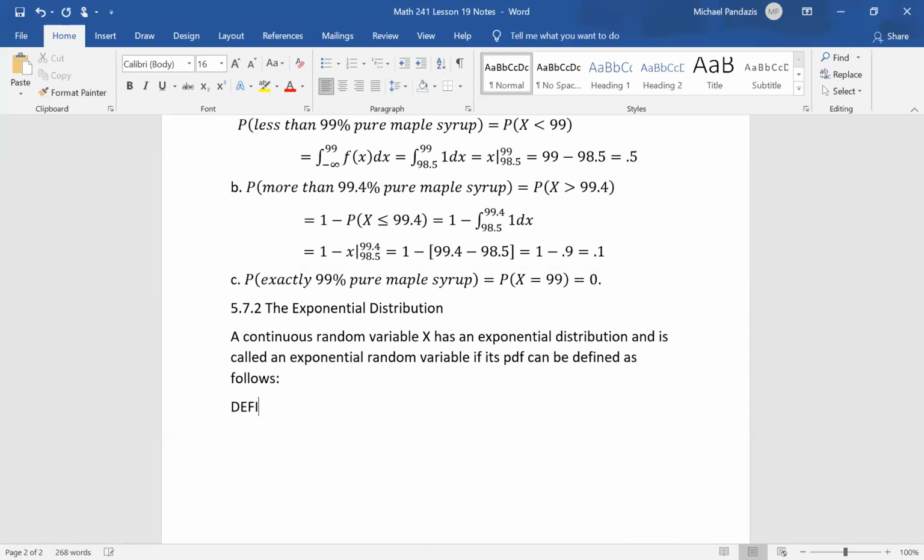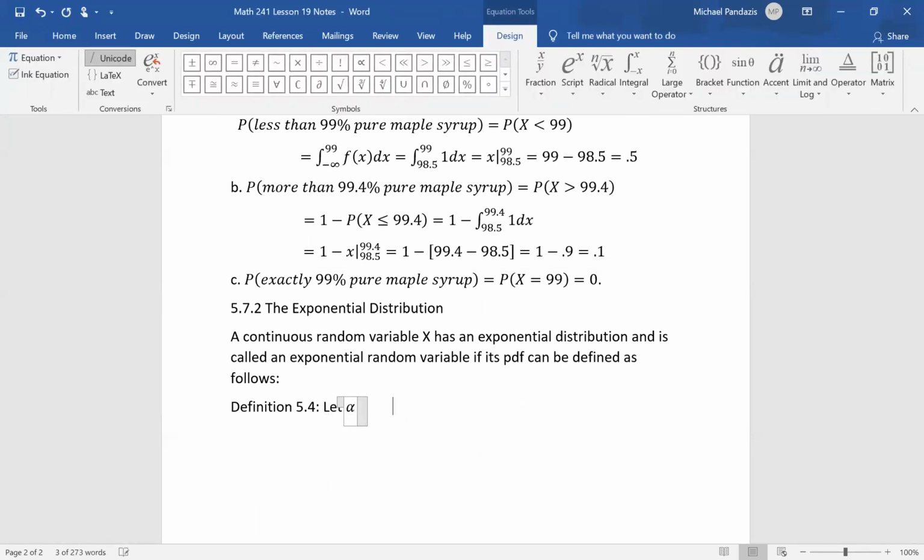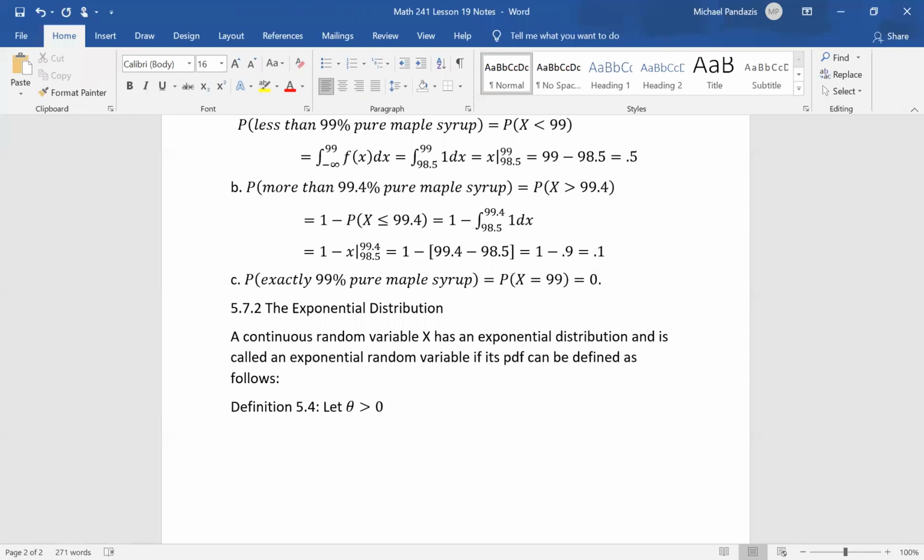Okay, so definition. Definition 5.4. Let theta be positive, be a constant.